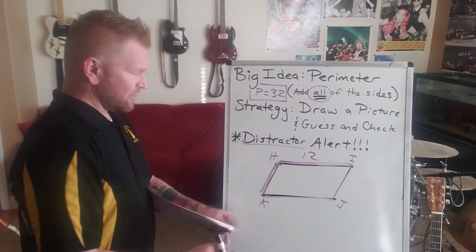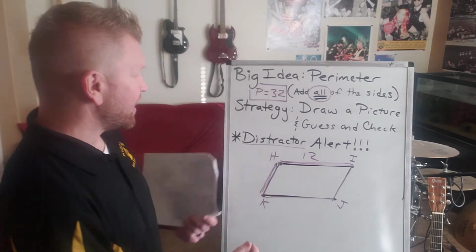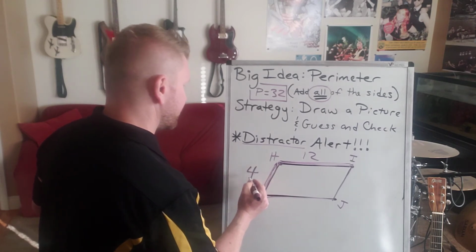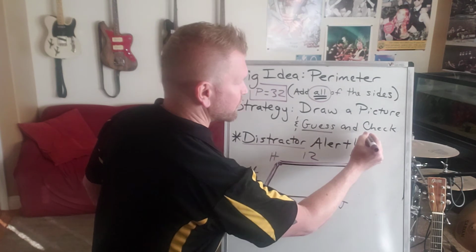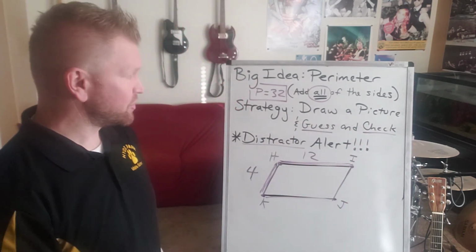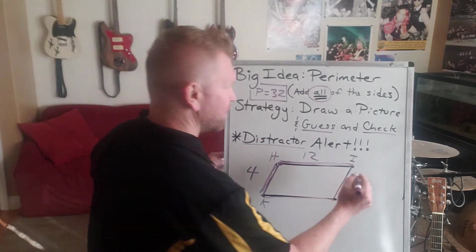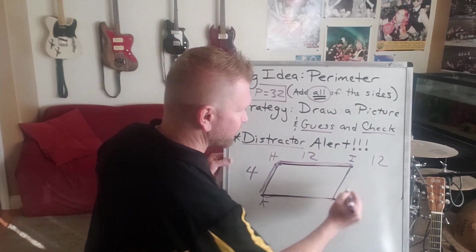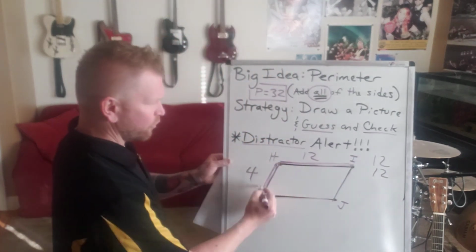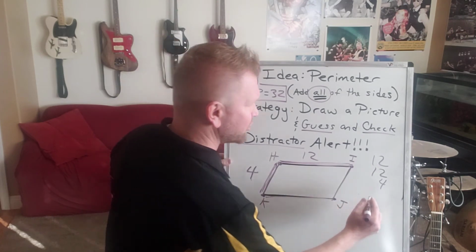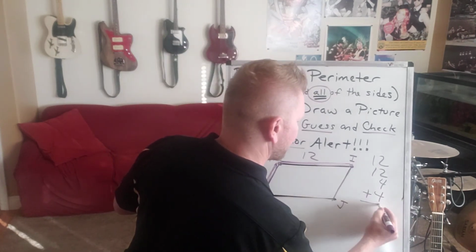All right, so let's say we guess again with A. A says 4. All right, so that's the guess. Now let's do the check for the guess and check. So remember, perimeter is to add all the sides, not just two of the sides. So we have to add 12 for the top, 12 for the bottom, 4 for HK, and also 4 on this side where the IJ is, and add up all the sides.